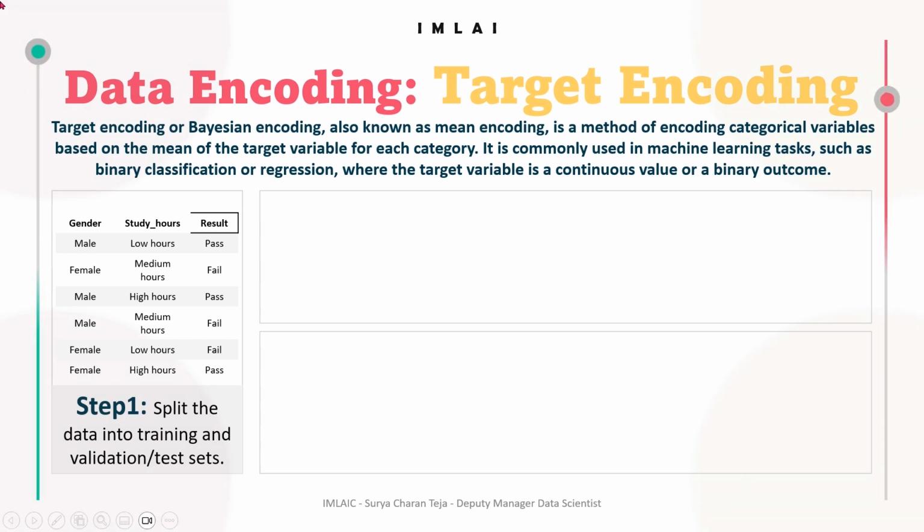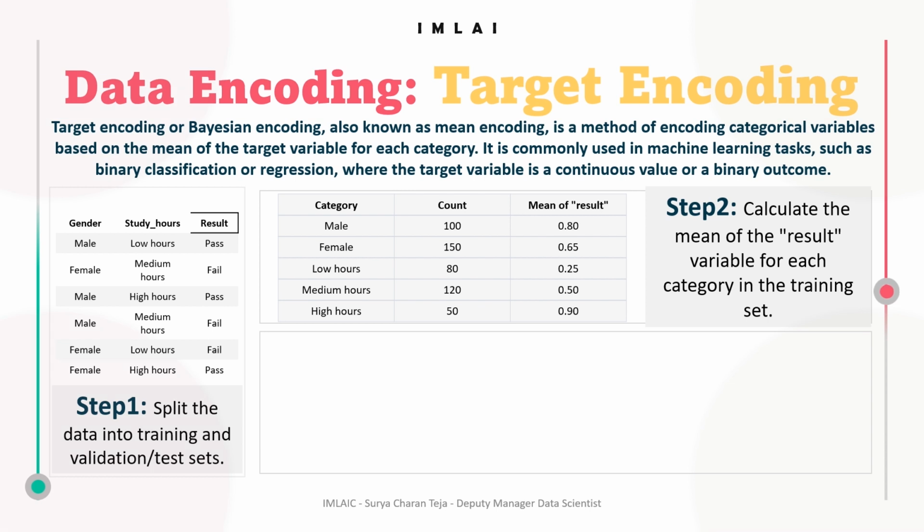The first step, as you see on the screen, is to split the data into training and validation or test sets. Out of the whole data, I have taken 70% for the training. This is the data. That's step one.